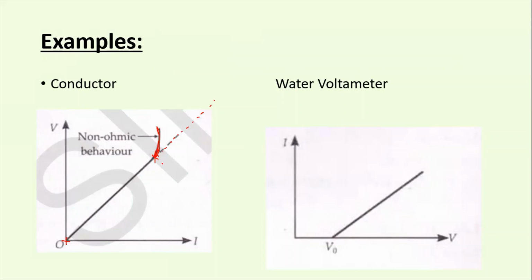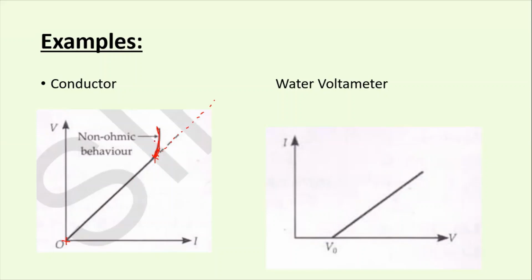The heating effect will increase, so obviously the resistance will increase. When the resistance increases, the VI relationship will not be the same. So the conductor becomes non-ohmic and it will deviate from the straight line.